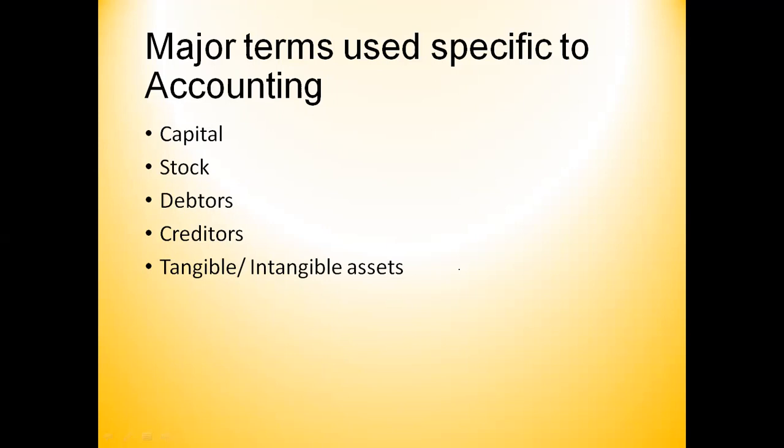But here I have chosen only those terms which are specific to accounting, which we use more, and which are a bit specific to finance. If we move further to the steps of recording and classifying in accounting, then we will be using these terms more commonly. Just the major heads on the financial statements, and I have put it across.